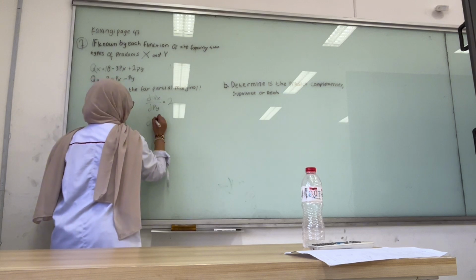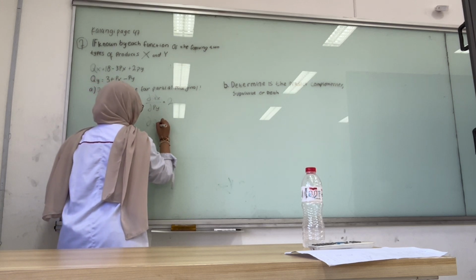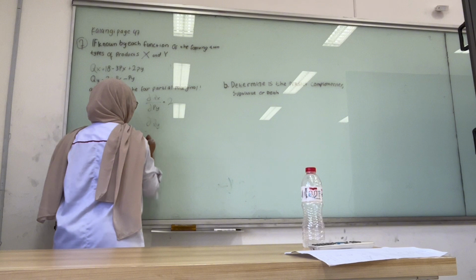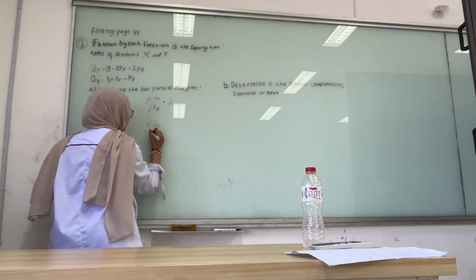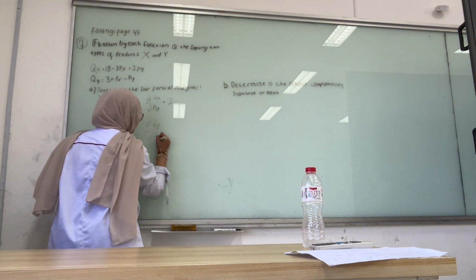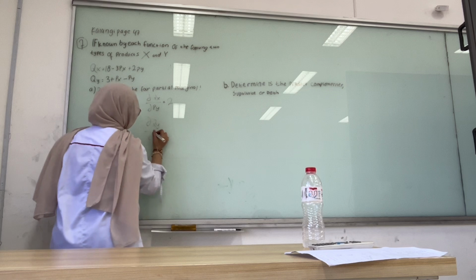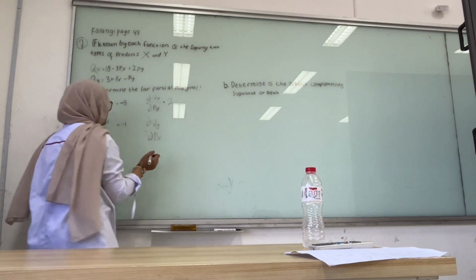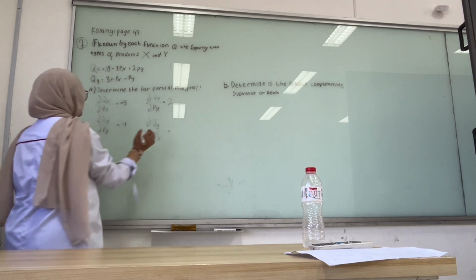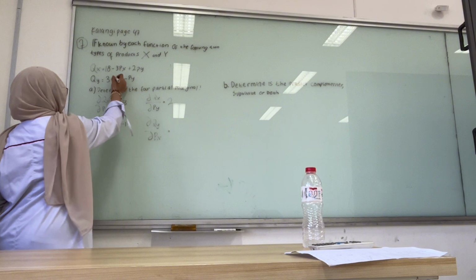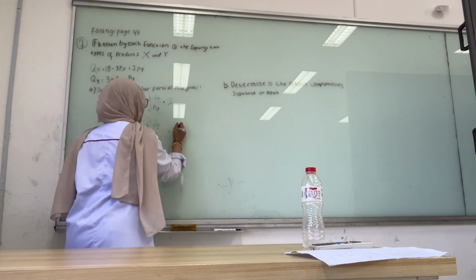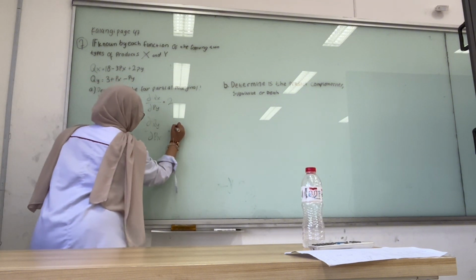The next one is dou qy over dou px. We do the same thing. We look at it here. It's plus 1.